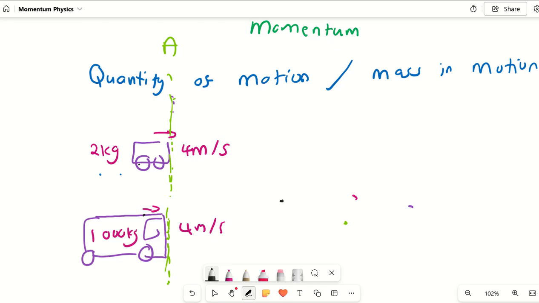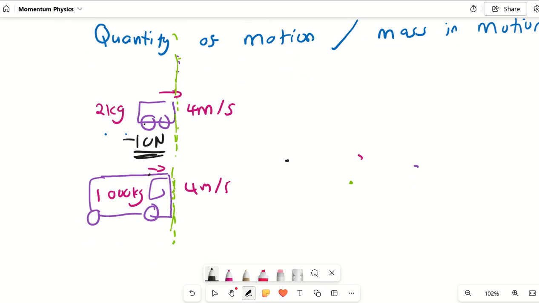So we're basically trying to stop both of them. Apply brakes of 10 newtons. Braking is a form of frictional force. It stops the car, it resists motion. So apply a brake of minus 10 newtons on each of these two objects at the same time, at point A.